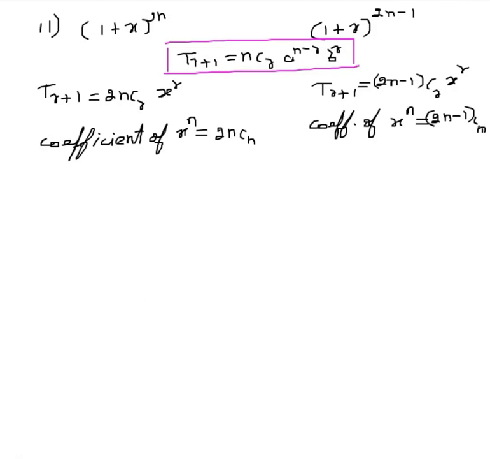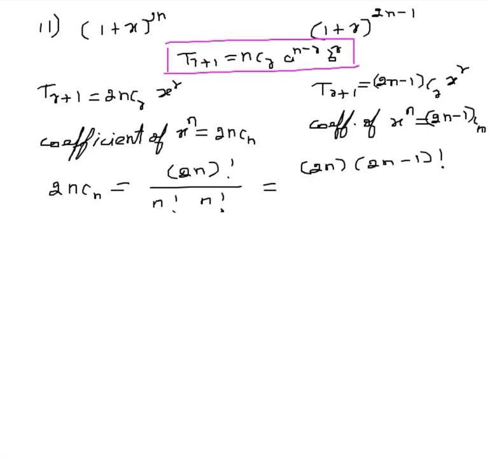Now we have to show that this coefficient is twice that of this. Let us take 2nCn. Use the formula 2n factorial divided by n factorial times 2n minus n, which is n factorial. Now 2n factorial can be written as 2n times 2n minus 1 factorial divided by n factorial times n factorial, which can be written as n times n minus 1 factorial.